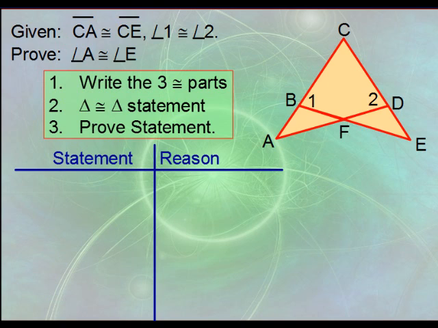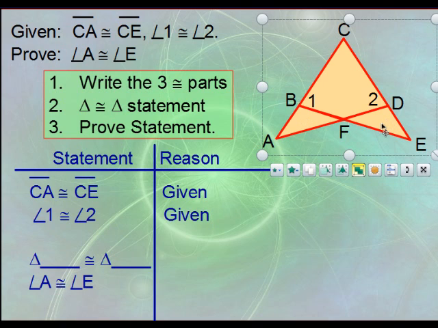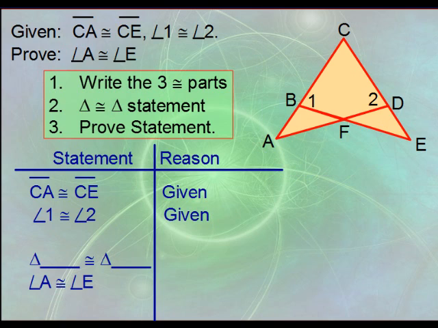Remember that these are our steps. Let's first put in what we already know. We again know these two parts, they are given. We know we need to write a triangle statement, and then we need to finish off with angle A being congruent to angle E. As far as the triangle statement, I left that blank because it's not so clear-cut here. We do have this triangle and this triangle, but hopefully you've also spotted two more triangles.